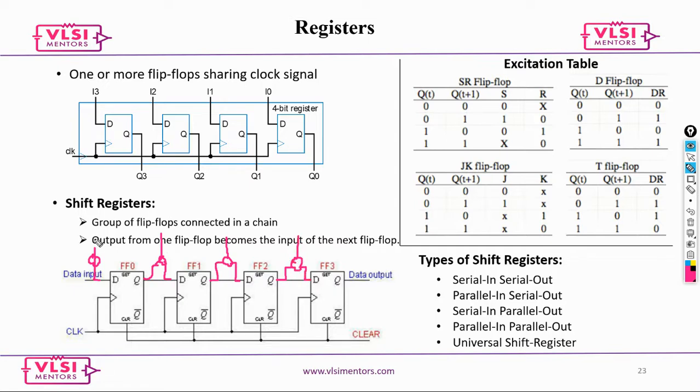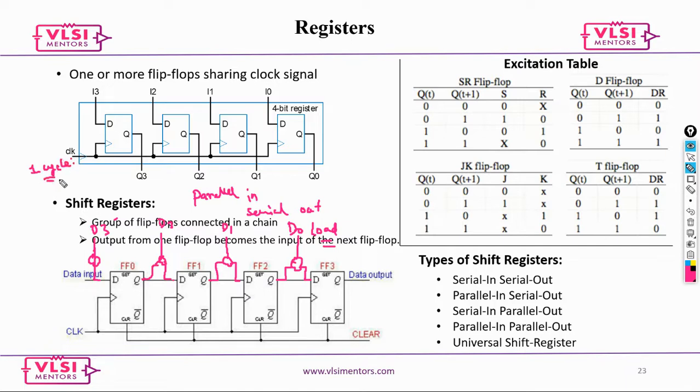Now, when you have a load signal and load is active, anything that you give, say D0, D1, D2 or D3, all gets loaded in one shot. But when load is zero, this Q would be shifted here, this Q would be shifted here, and so on. This is what we call parallel in, serial out. So basically you load everything in one cycle.